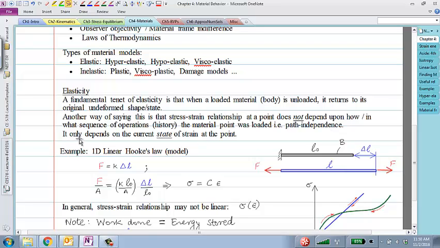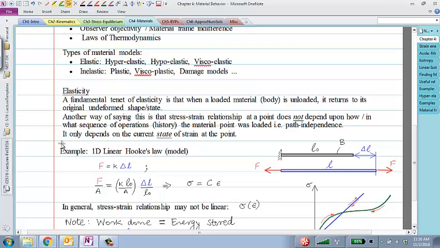And of course, it also means that the stress in the body is going to be a function only of the current state of strain, not the history of strain that this body might have gone through. If I have a certain deformation, knowing that deformation, I should be able to tell you what the stress is at each and every point. I don't need any past information for that.